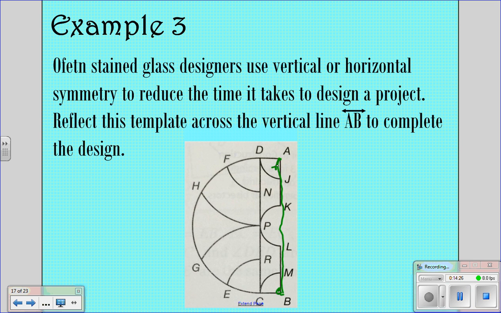And now this one is a very pretty ornate stained glass design, but you're going to basically draw it out.